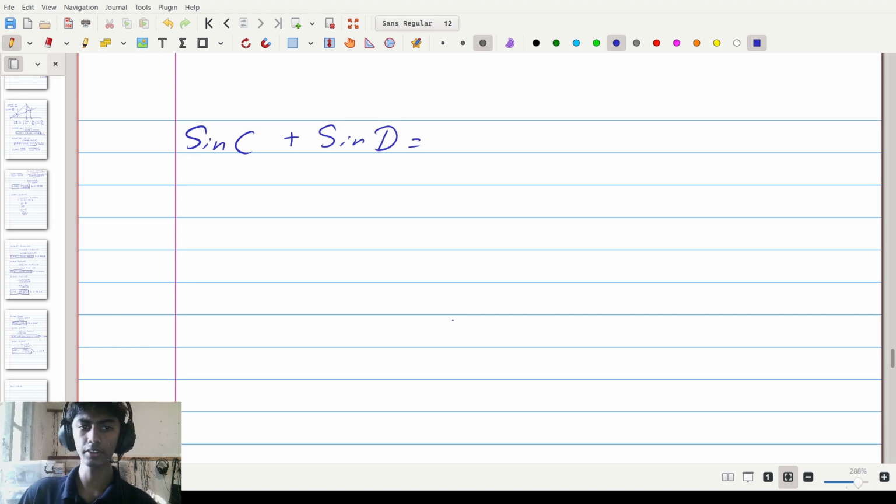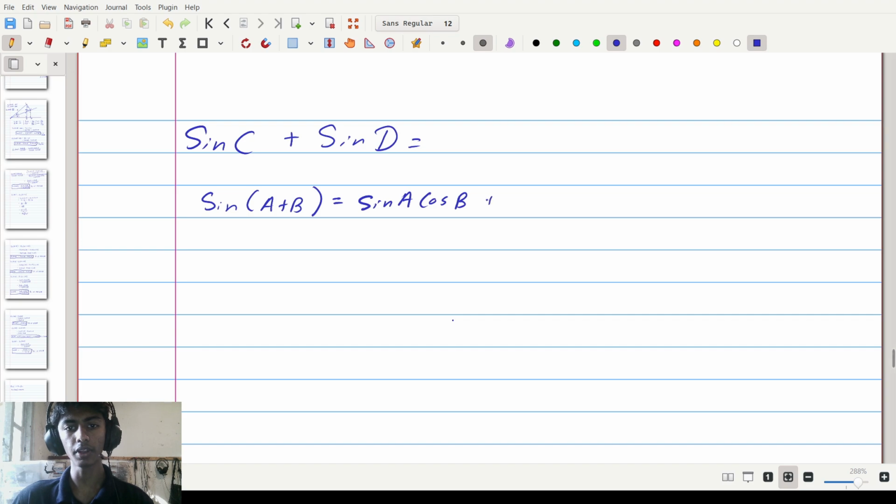Let's go back and remember some identities that we discussed earlier. We know what sine of a plus b is. Sine of a plus b is sine of a times cosine of b plus cosine of a times sine of b. We also know what sine of a minus b is.